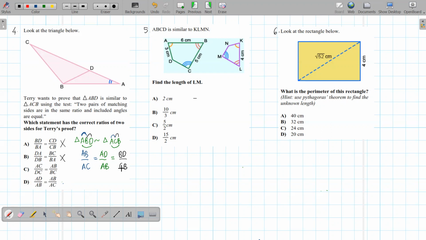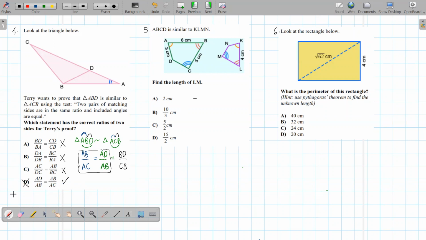So no, because it should be BD and CB. So it is also not. And then AD over AB: we have AD over AB equals AB over AC. So it is this one. Therefore the answer is D.